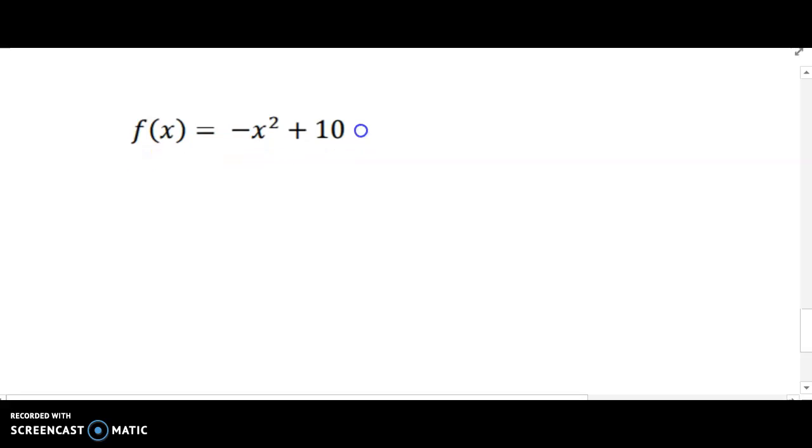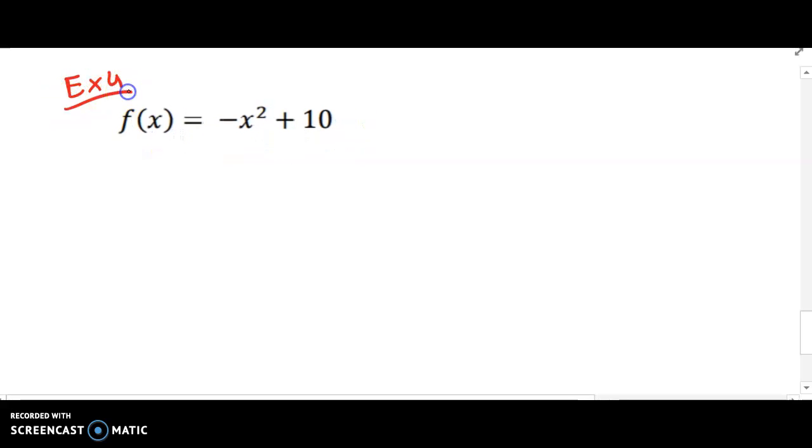Okay, let's do another one. We're going to call this guy example 4. So we're always going to start the same way. Test f of negative x and see what happens. This negative on the outside is a part of the problem. We don't move it. And now I have negative x squared, and the 10 has no x, so it just stays as plus 10.